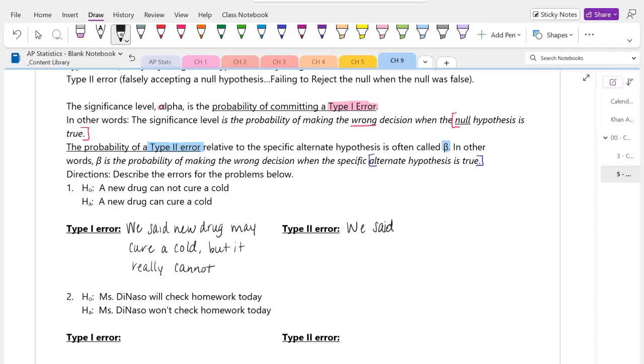For the type 2 error, we're making the wrong decision, but the alternative hypothesis is true. So we said the new drug cannot cure a cold, when really it can.